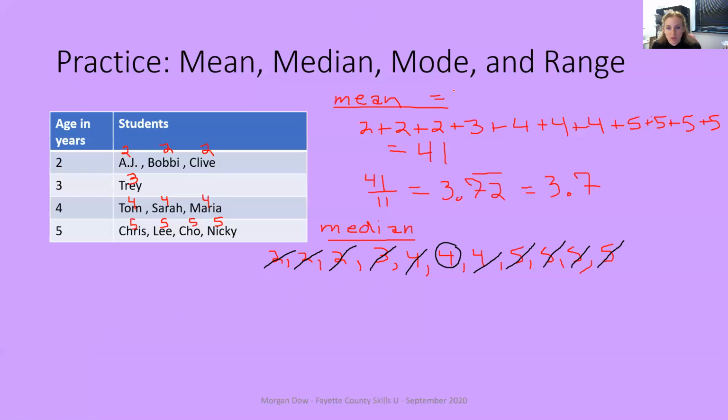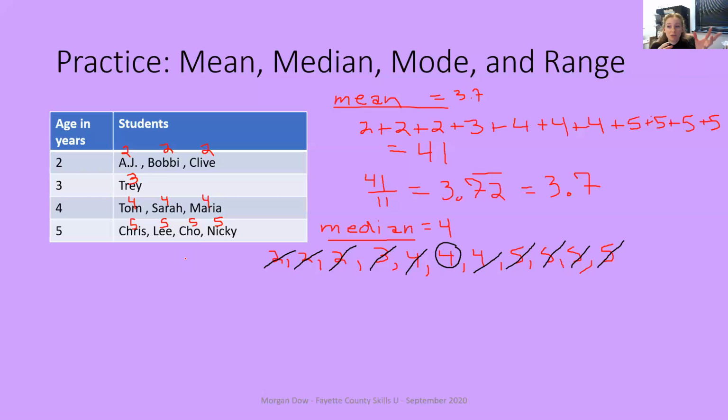So the mean was 3.7. The median is 4. So with some lists of numbers, sometimes your mean and median might be exactly the same. Sometimes your mean and median might be very close. And sometimes your mean and median might be very different. It all depends on what numbers are in your list and kind of how they're distributed.